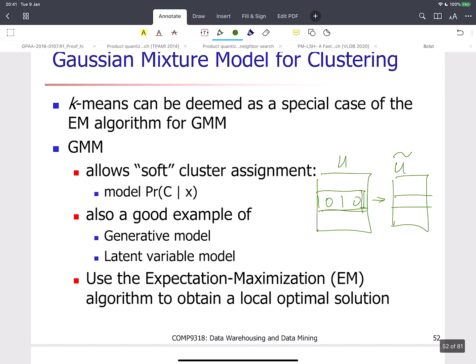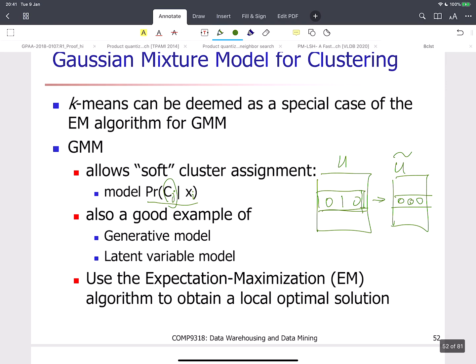By the name of it, each and every entry should be non-negative, you can't have a negative probability, and they sum up to 1. You model this: given an x, what's the probability it belongs to each and every cluster? For each xi, the probability it belongs to Cj, and if you sum over all the clusters, that's going to be 1.